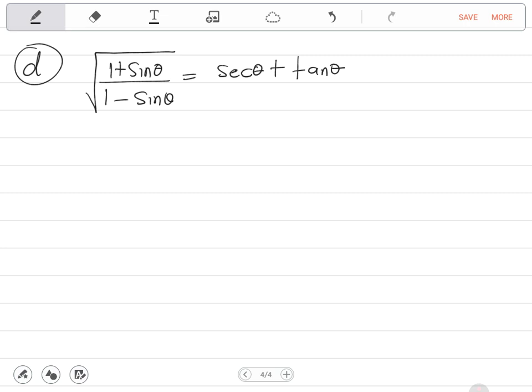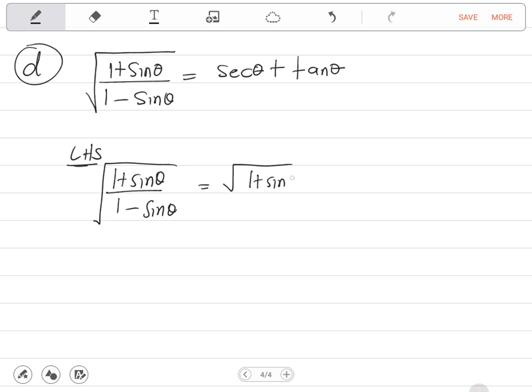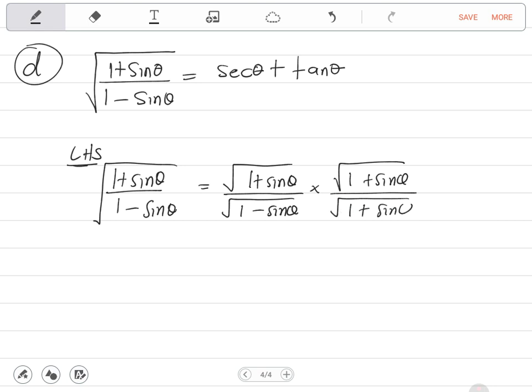So if I take the left hand side, the root of 1 plus sin theta over 1 minus sin theta. Now everything is under the root. Remember that the root can be distributed. I can multiply both sides with 1 plus sin theta over 1 plus sin theta, because I'm trying to rationalize the denominator.